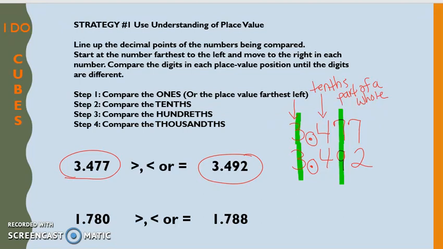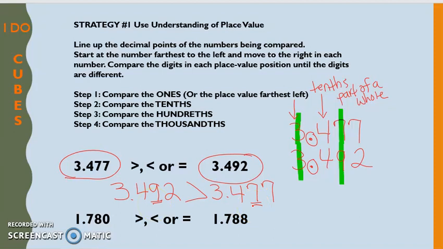So when we're comparing 3.477 to 3.492, we're going to know that 3.492 is greater than 3.477 because the 9 hundredths is greater than the 7 hundredths.